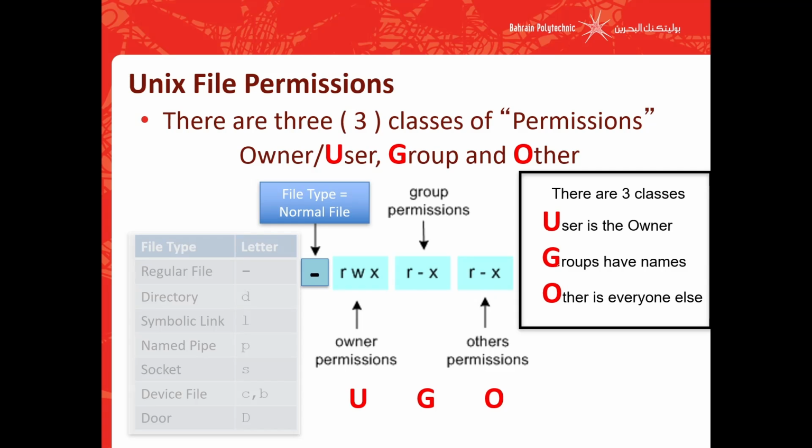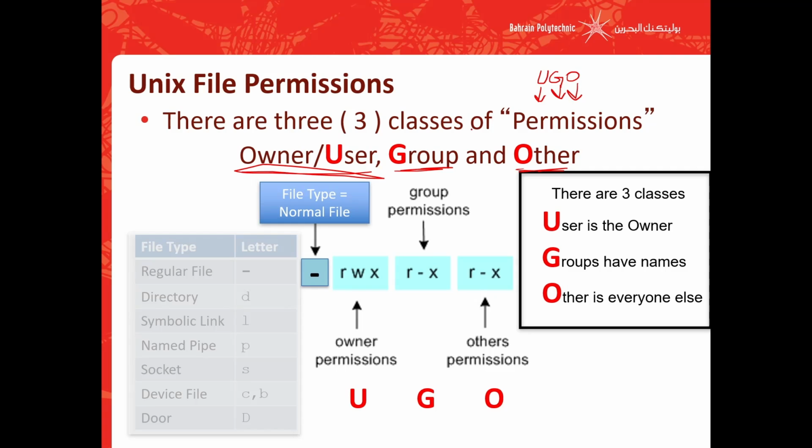Now there are three classes of permissions. You have one for the owner, the user, so that's your first one. Then you have group, and then you have others. You can remember it as UGO: this is for the user, this is for the group, and this is for others.